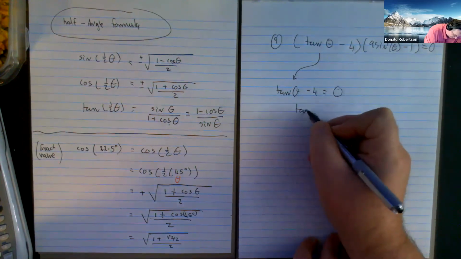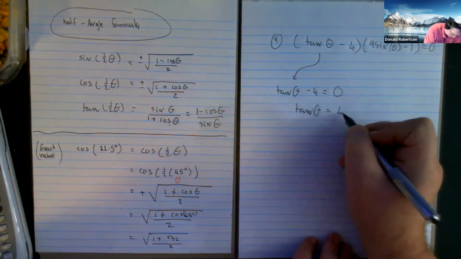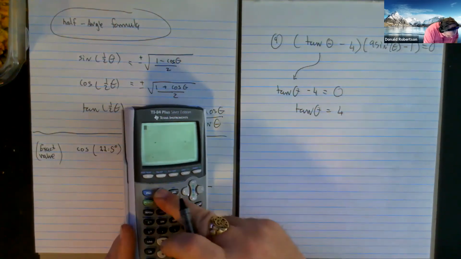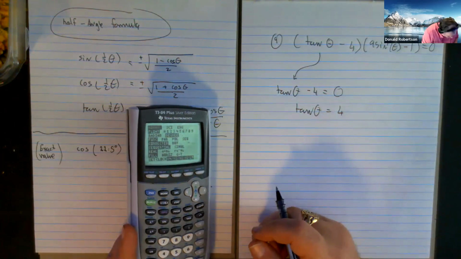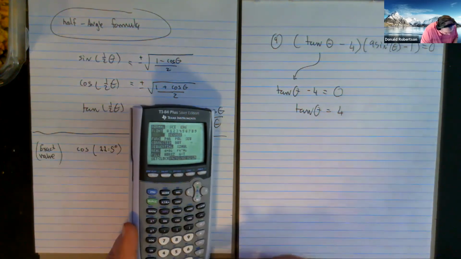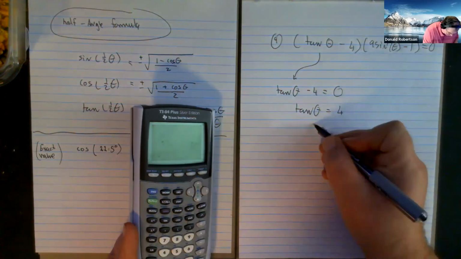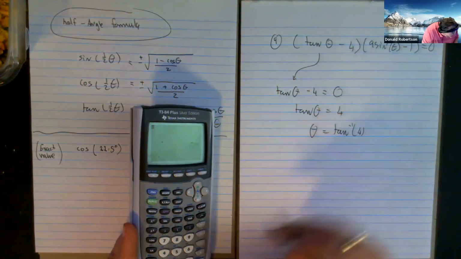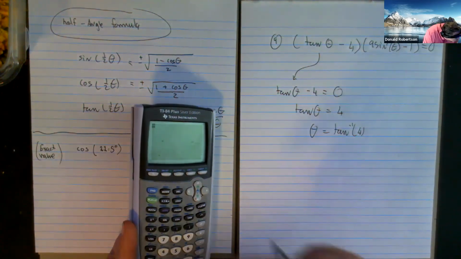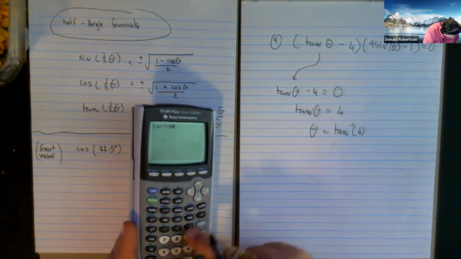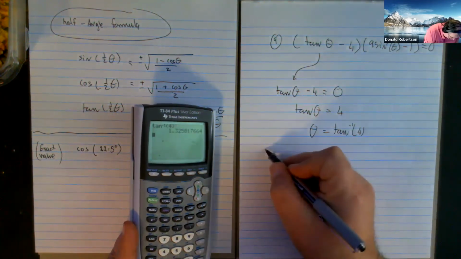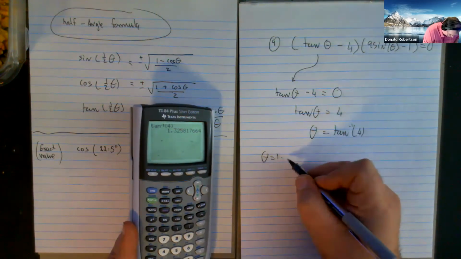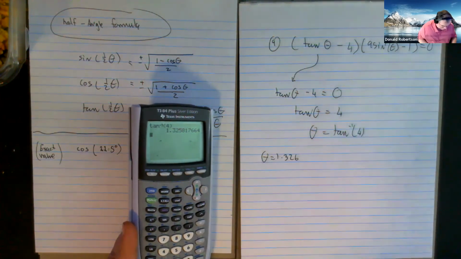That tells me the tangent of theta is 4. Since this question is going to have decimals, I'll make sure I'm in radians, which I'm not. And now I'm in radians. I will find the missing angle by finding the inverse tan of 4, which is 1.326. They want 3 decimal places.